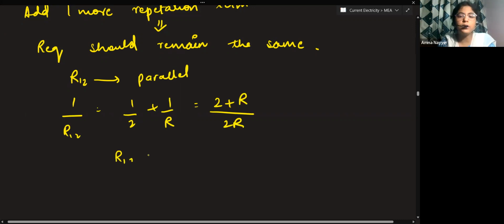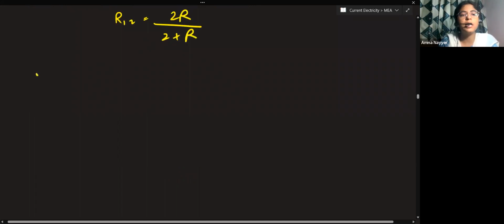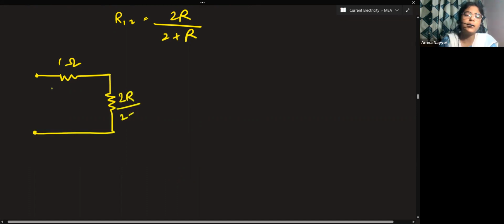So R12 is 2R divided by 2 plus capital R. Now how does the circuit look? The circuit has been shortened and it looks like this: this was 1 ohm, and initially it was 2 ohms, but now it is 2R by 2 plus R.